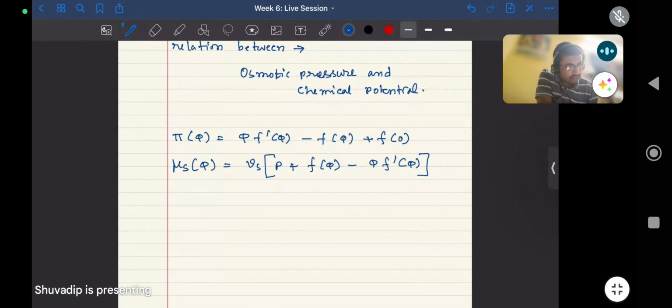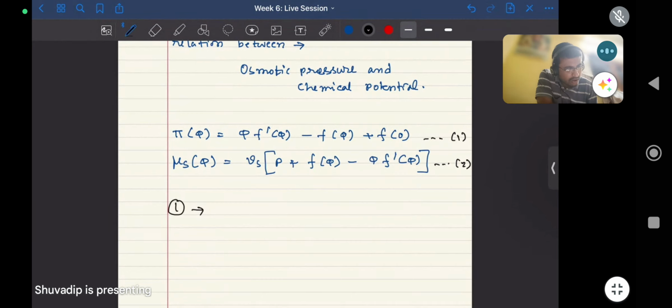So let us call this number 1 and this number 2. From 1 we can calculate what is phi f prime phi, that is pi of phi plus f of phi minus f of 0.